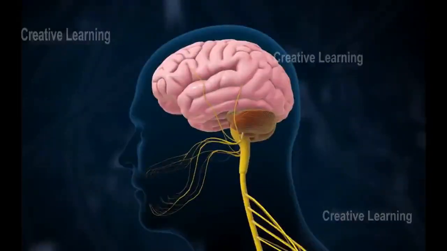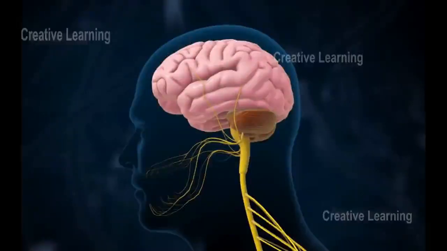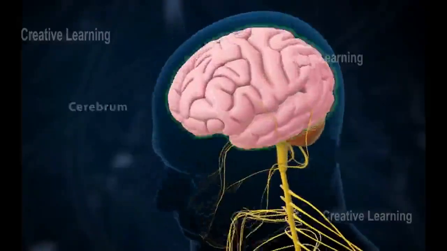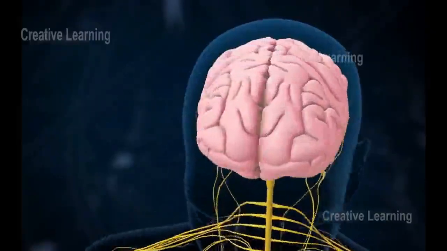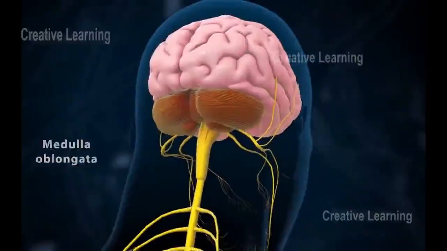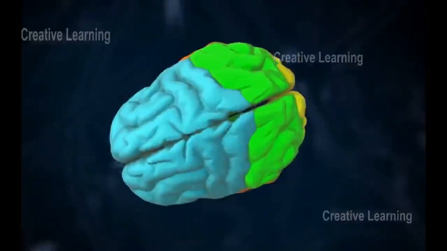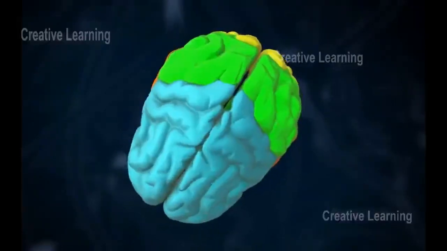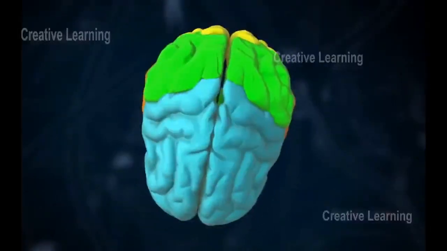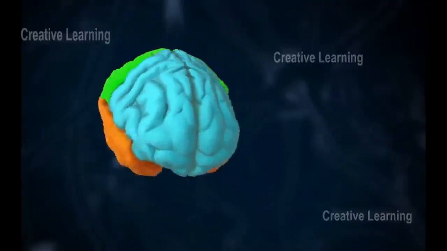The brain. The brain is located in the cranium of the skull. It is made of three main parts: the cerebrum, cerebellum, and medulla oblongata. The cerebrum is the largest part of the brain and is divided into left and right hemispheres.